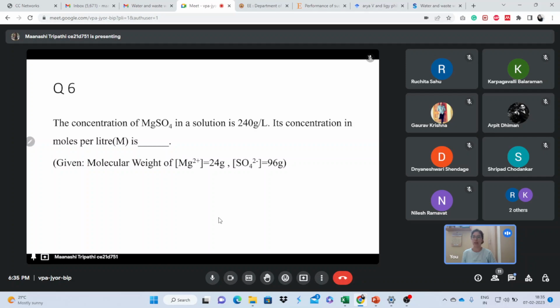So this is the numerical. The concentration of magnesium sulfate in the solution is 240 gram per liter. Its concentration in moles per liter is? Is there anyone who can answer? I'll give you 2-3 minutes.